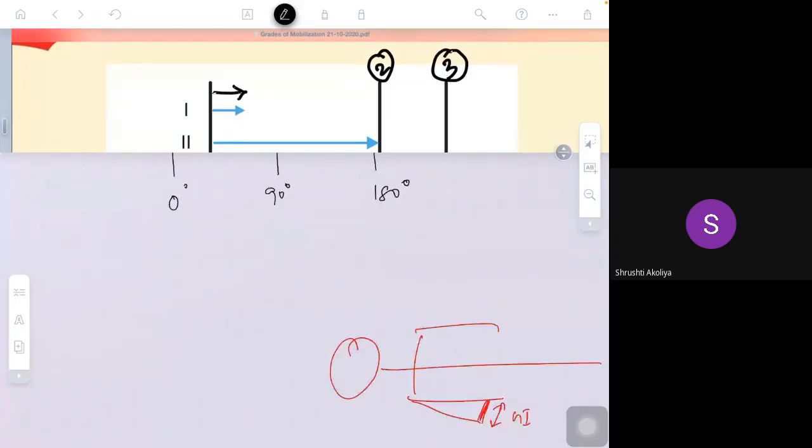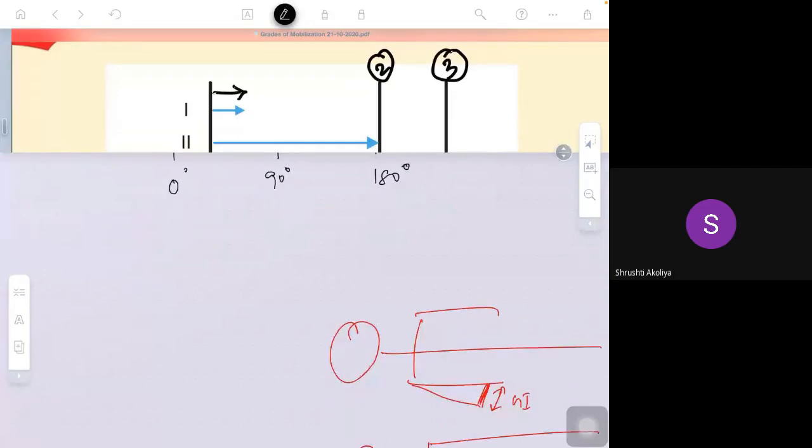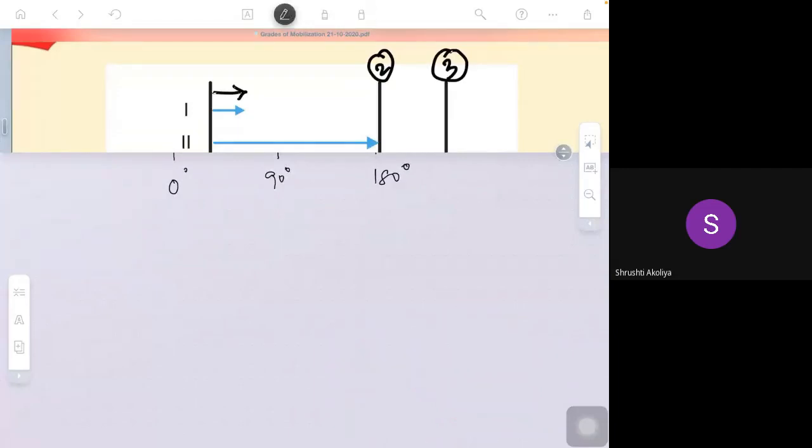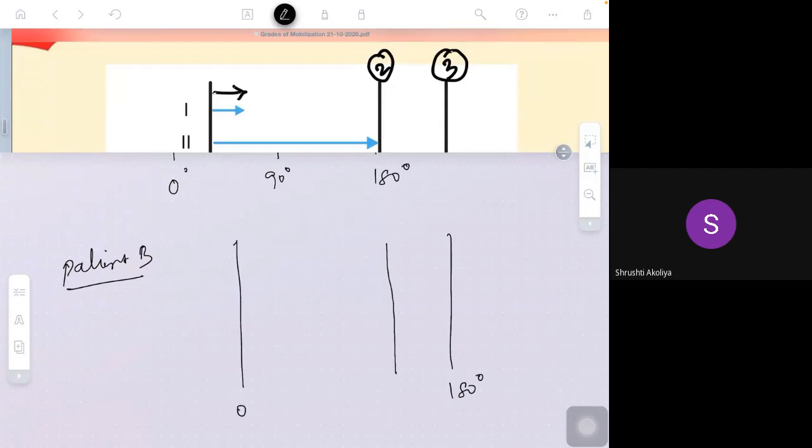Then patient B: if this line represents 0 and the other 180, and the tissue resistance line is somewhere here, the range may be 120 degree.